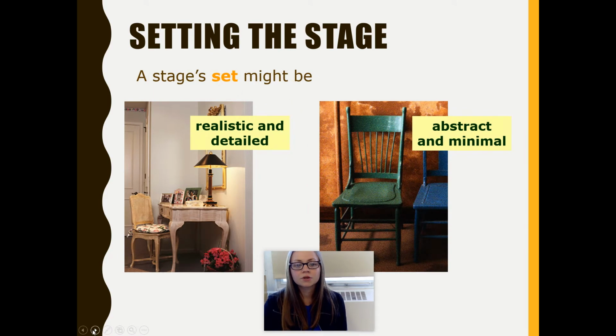So a stage set might be realistic and detailed. This one is very detailed, or abstract and minimal. Abstract and minimal means you don't really have much. You might not have as many props or characters or costumes because it's minimal.